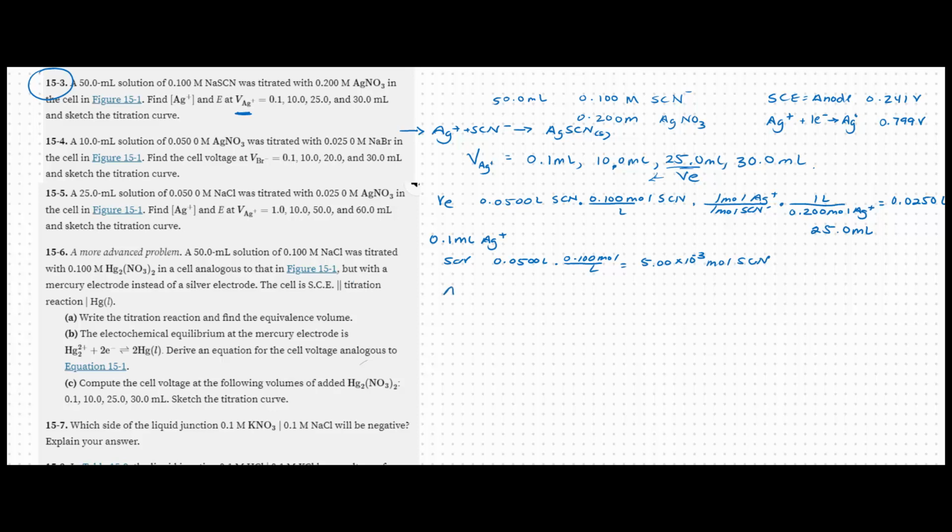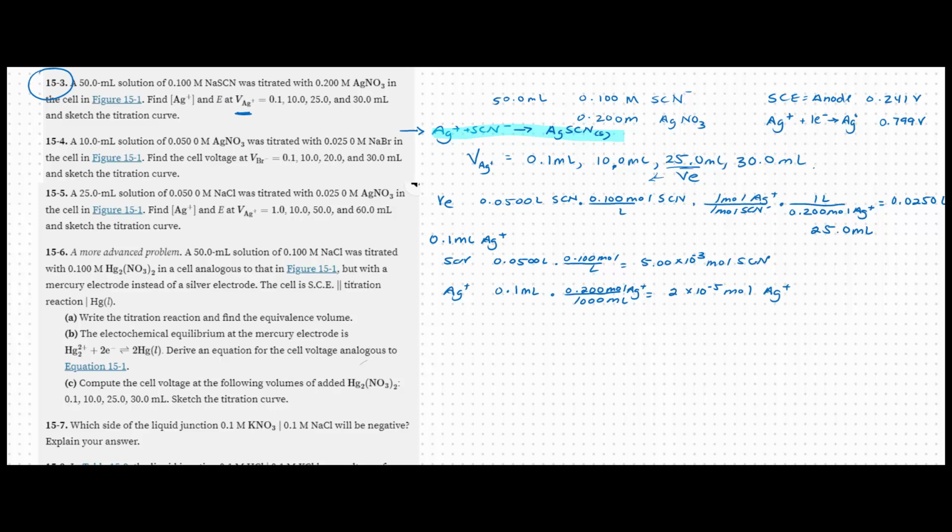Now, I'm adding to that some silver. And when I add that silver, because we wrote our chemical equation up here, I end up making this solid. So I have added 0.1 milliliters of a solution that has a concentration of 0.200 moles of silver per 1,000 milliliters. And I get that we have 2 times 10 to the negative 5 moles of silver that were added.